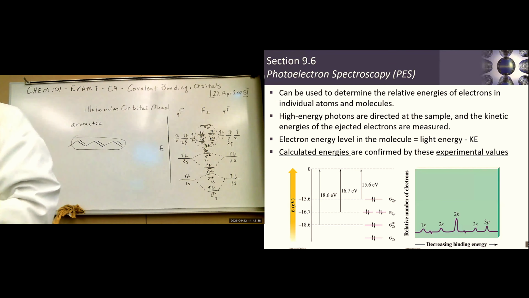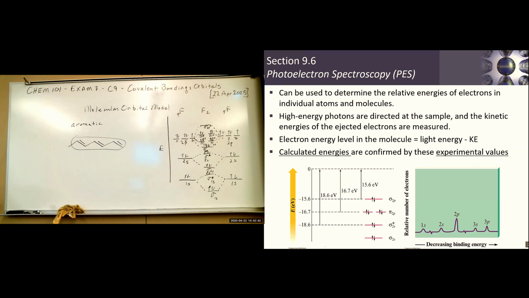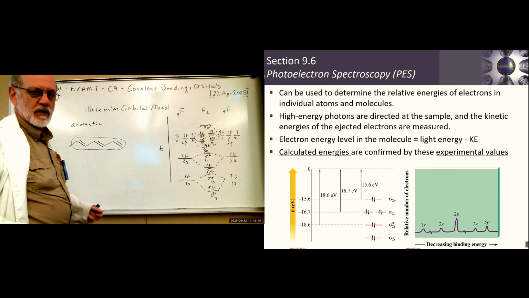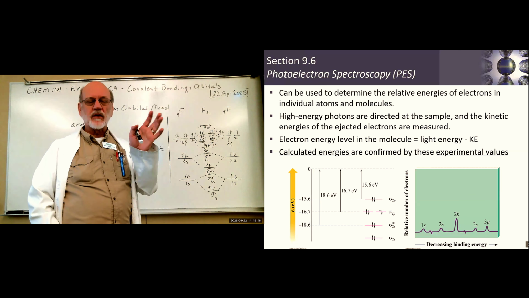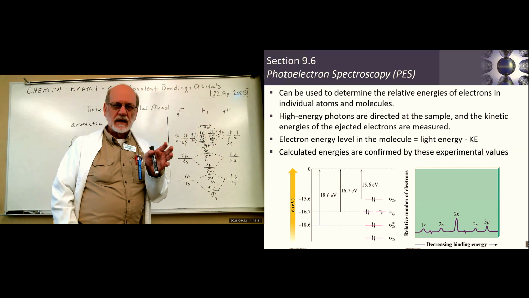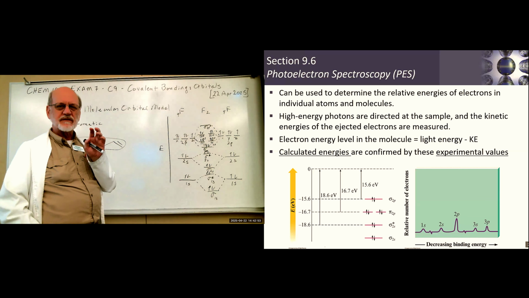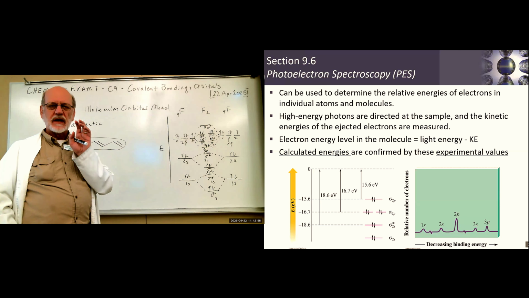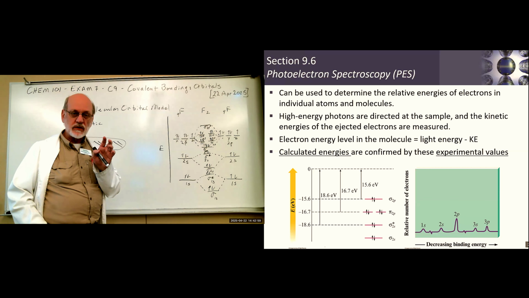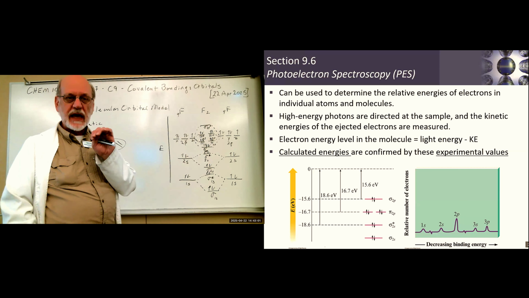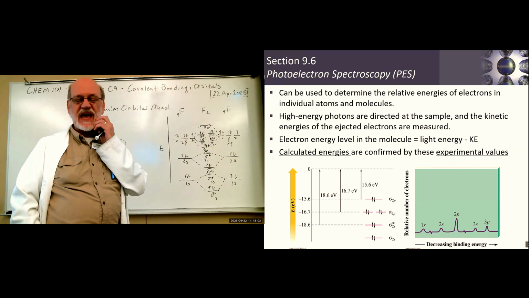Now, the last slide is just to illustrate that there is physical evidence. There's measurable evidence for this molecular orbital theory. We can determine the relative energies of electrons in individual atoms and molecules. And what we do is we take the molecule and we fire high energy photons at the sample.